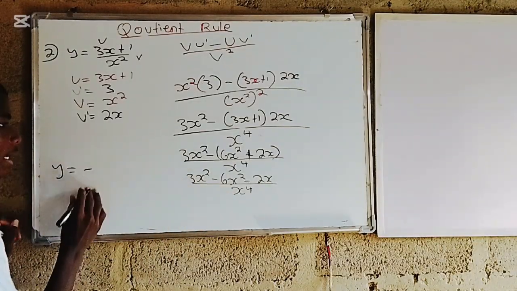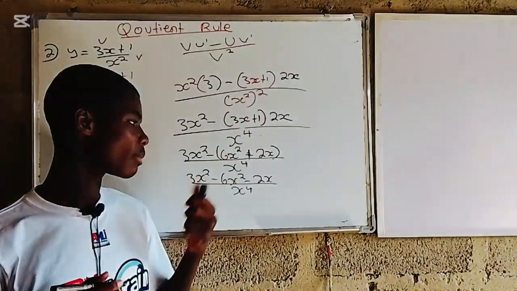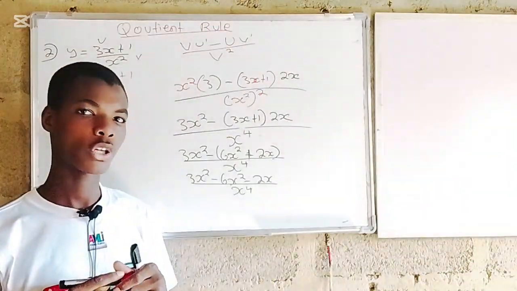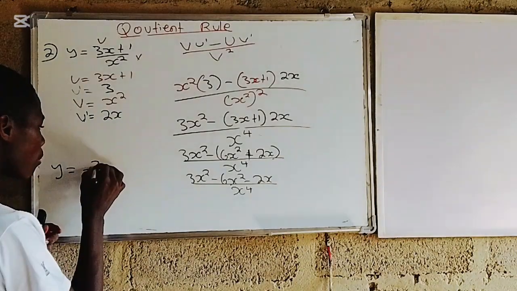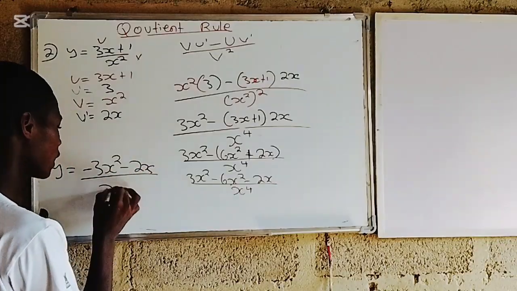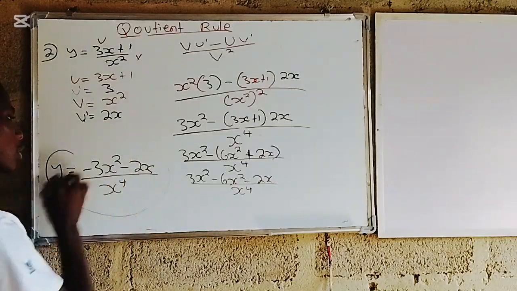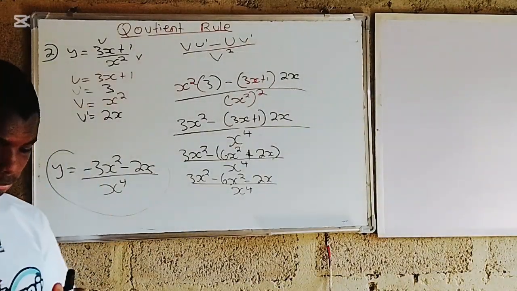If I subtract 6x squared from 3x squared, I get minus 3x squared minus 2x over x power 4. Yes, so this is the solution to this problem.